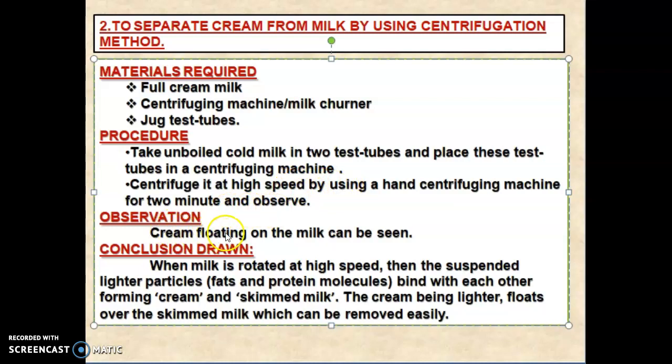Observation: cream floating on the milk can be seen. Conclusion: when milk is rotated at high speed, the suspended light particles like fat and protein molecules bind with each other, forming cream and skimmed milk. The cream, being lighter, floats over the skimmed milk and can be removed easily.